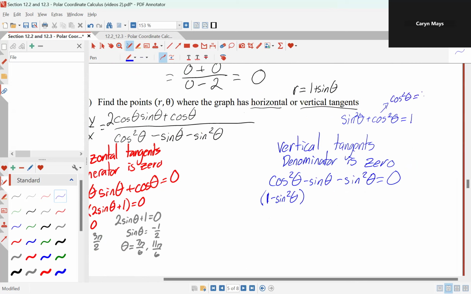Cosine squared is 1 minus sine squared. So we can replace this cosine squared with that. We have 1 minus sine squared theta minus sine theta minus sine squared theta. Combining like terms, we end up with 1 minus sine theta minus 2 sine squared theta equals 0.